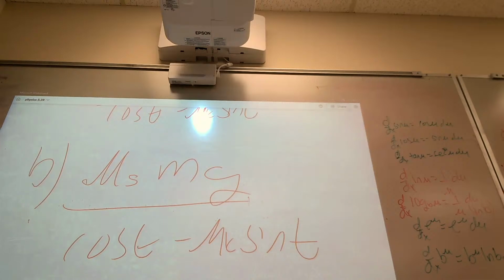But on block B, would we have tension on both sides or just one? There's tension on both sides, okay? And they're not the same tension, right? Because this isn't a pulley. So one side would be tension A, one side would be tension C. You can call it TA and TC, or you could call it TAB and TBC.